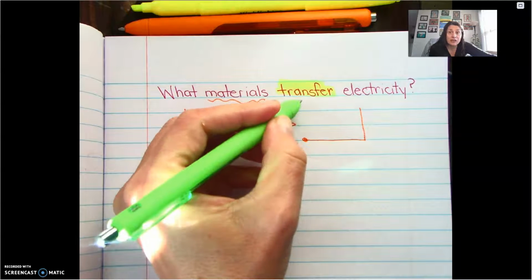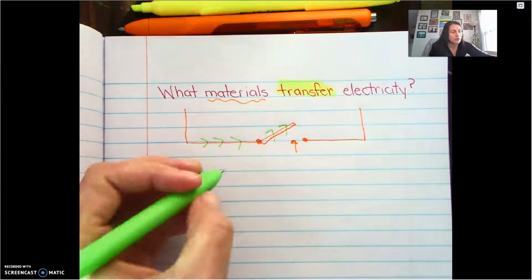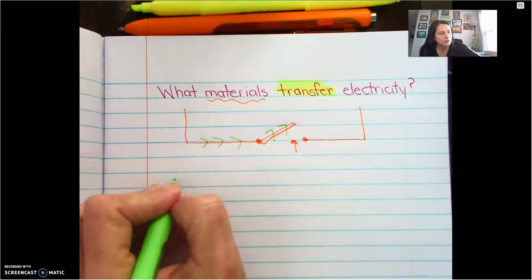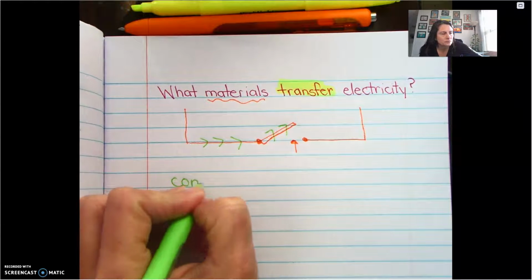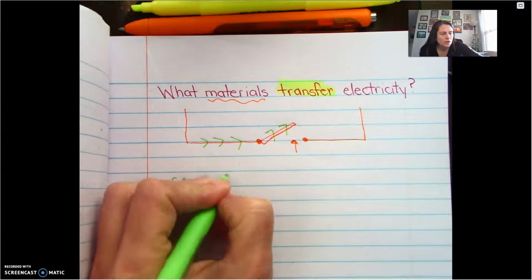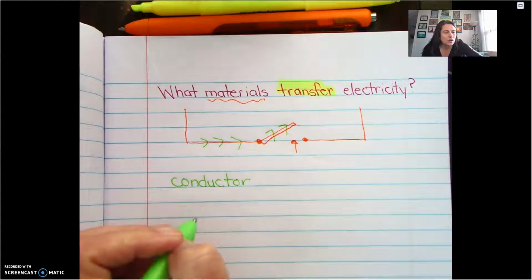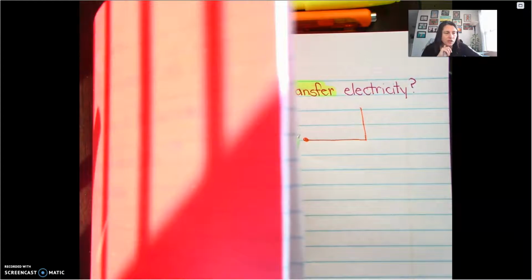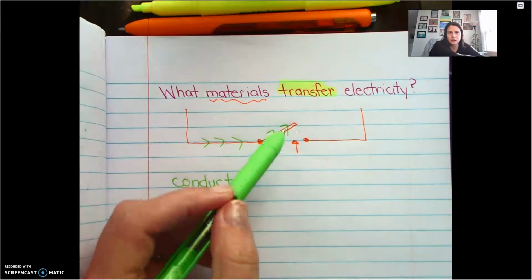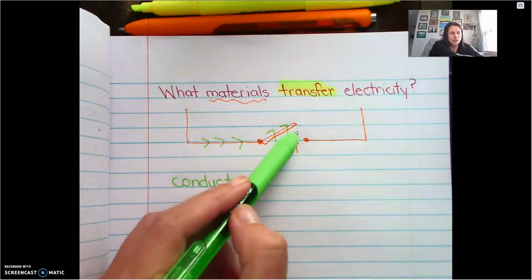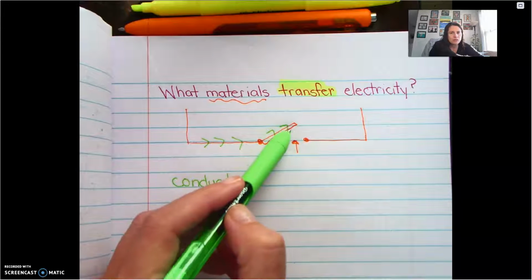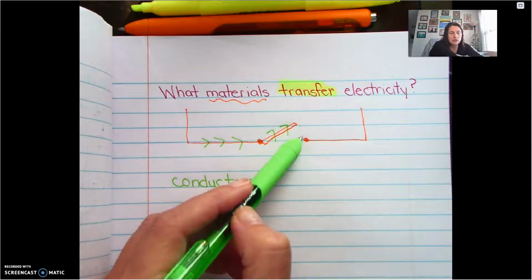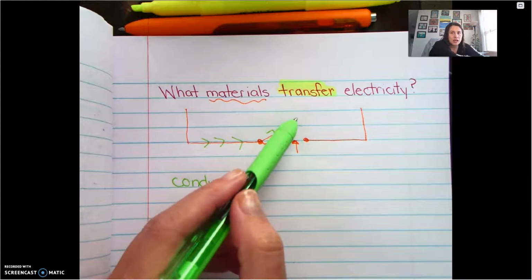Now, if it goes through, that is called a conductor. And we're going to be using these words. So if we have a conductor, that means that our light bulb will light. So if we put something in here, let's say a nail, and we close this and touch the nail, is that going to light the light bulb?